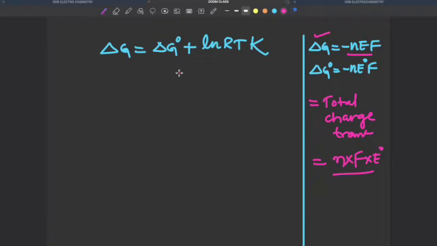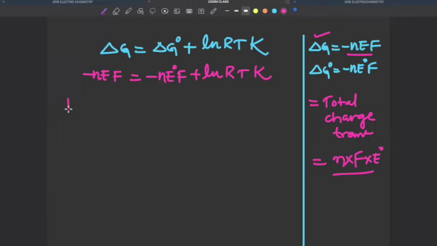I rewrite this equation using these terms. Check here. This can be written as minus NEF, which equals minus NE naught F plus ln RTK.